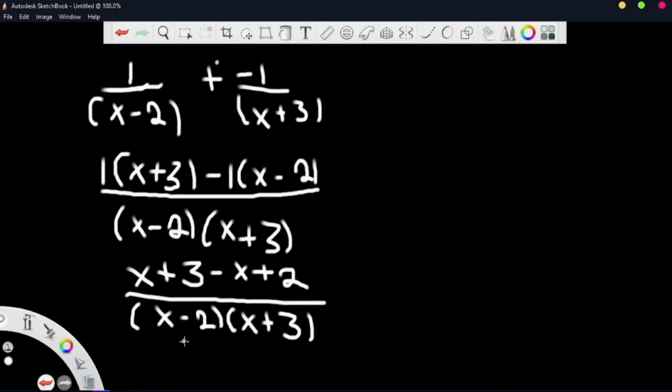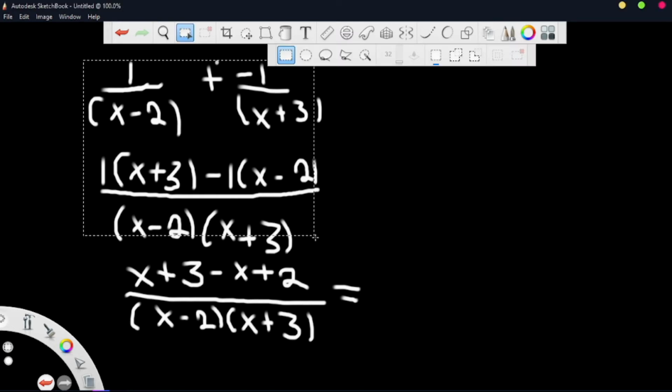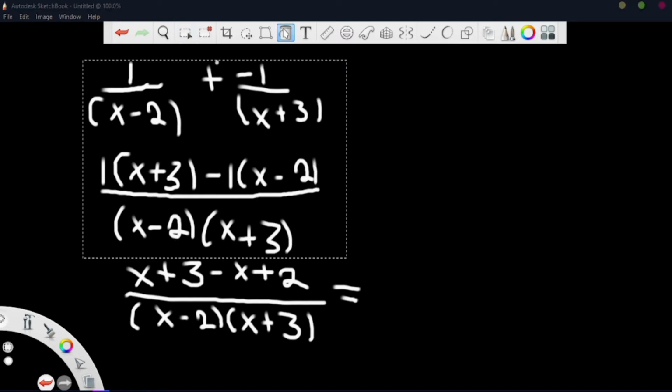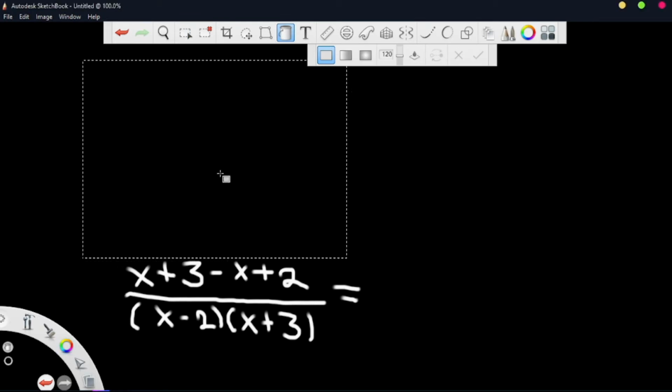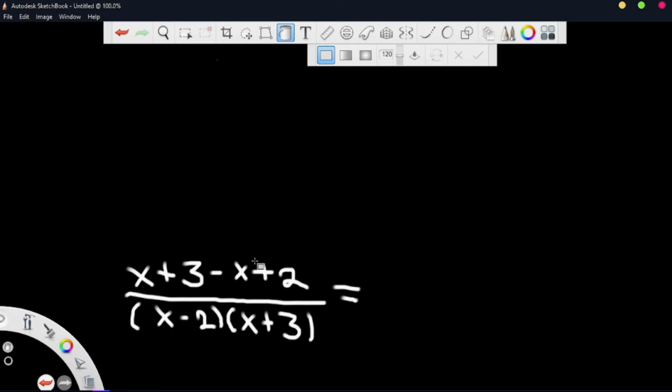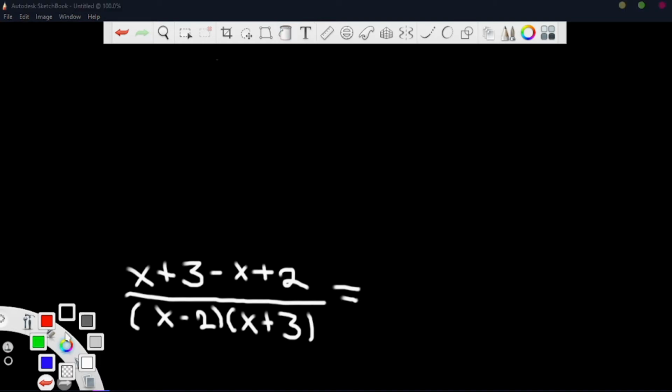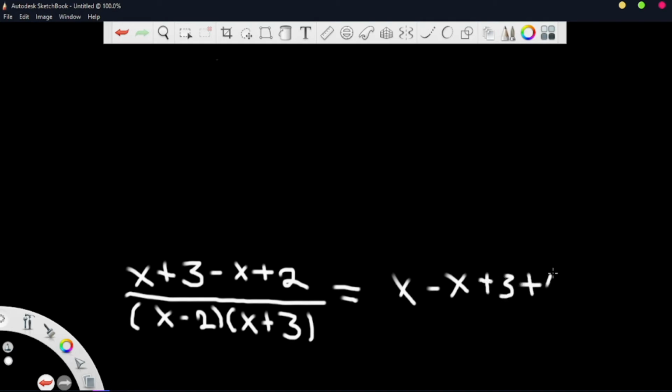I can collect my like terms. So this will be all equal to, once I evaluate here, I'm going to have x minus x, and then I'm going to have plus 3 plus 2, and then this is all going to be over that x minus 2, x plus 3.